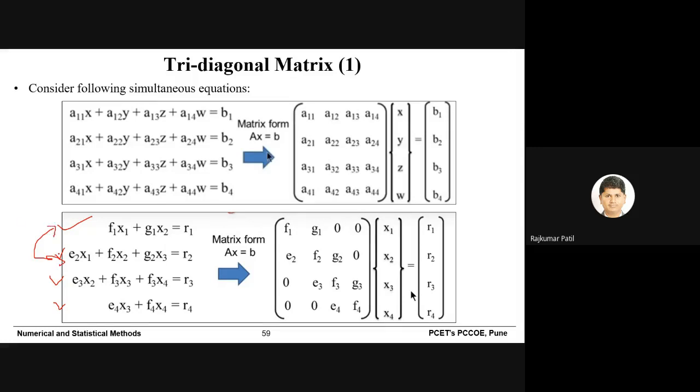Suppose equation number 2 will be 1 and 1 will be 2. You need to look at these equations carefully and understand the sequence. When you convert that into matrix form, it may not look like a tridiagonal matrix, so just interchange the rows, and upon interchanging, you can easily convert the matrix into tridiagonal form.